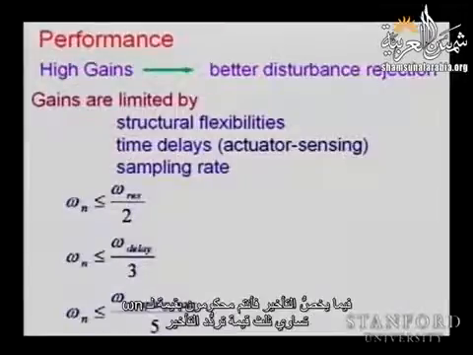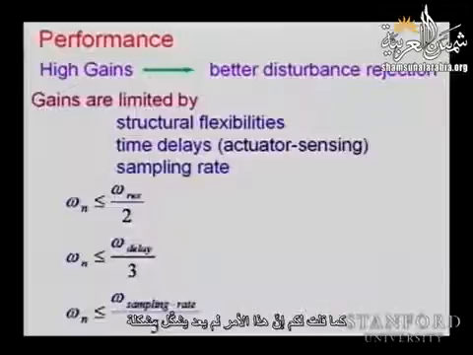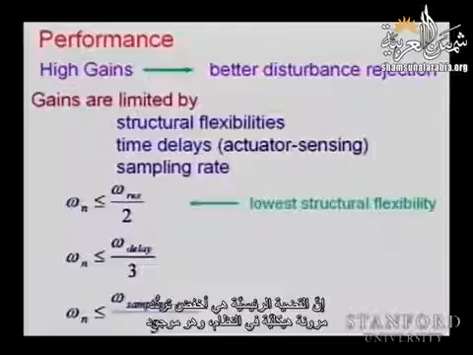In terms of delays, you are limited also by 1/3 of the frequency of the delays. Well, as I said, this is not anymore a problem. So the key issue is this lowest structural flexibility in your system, and it is there.